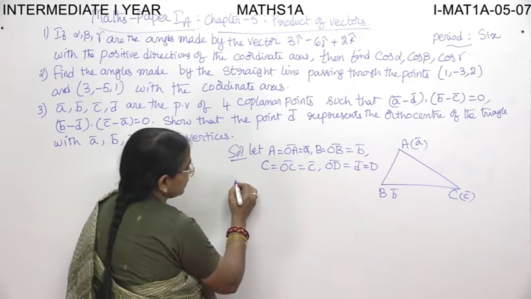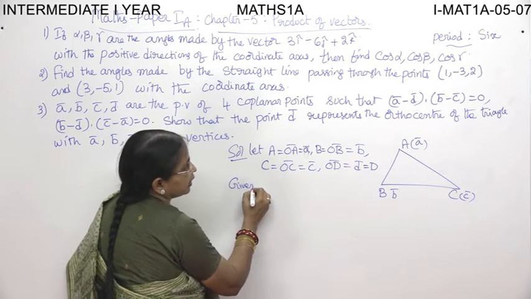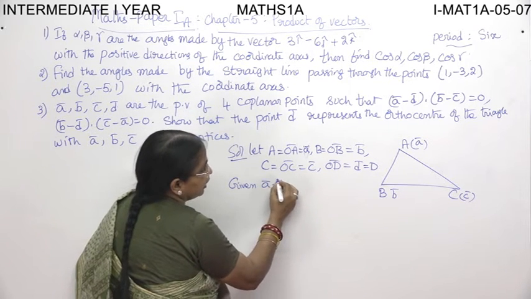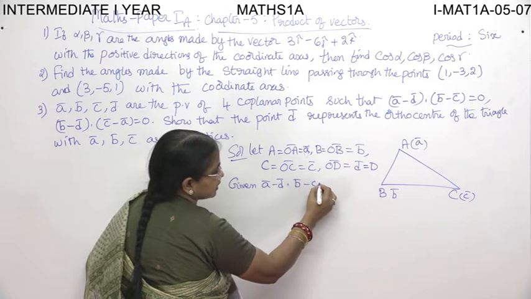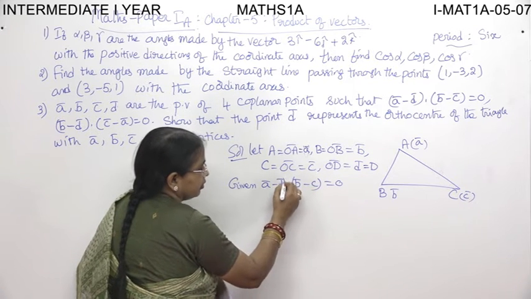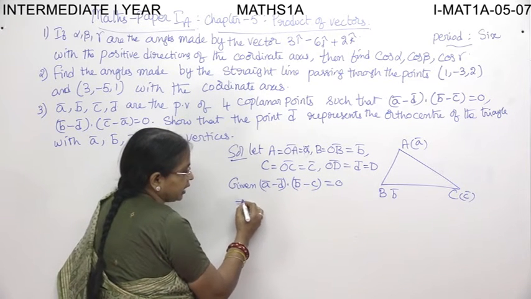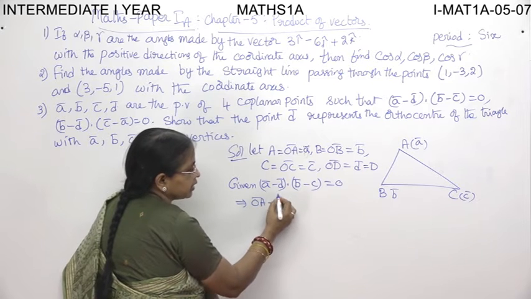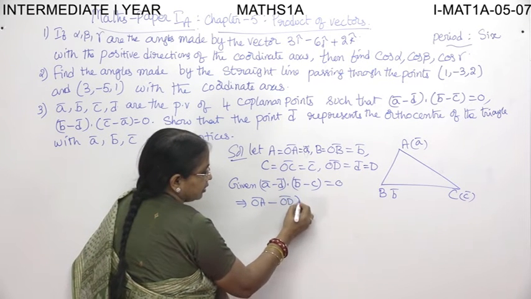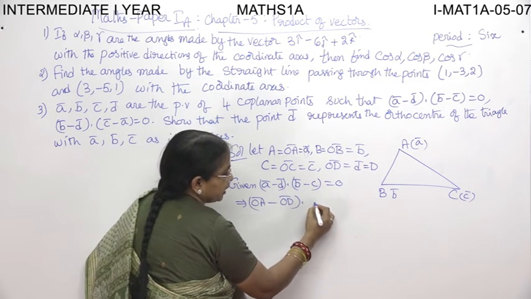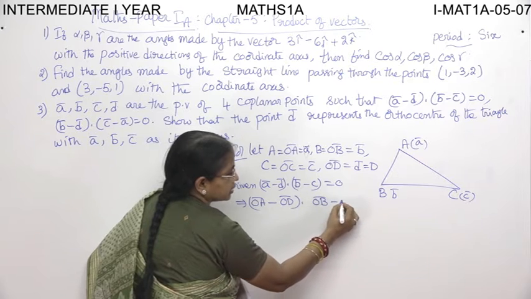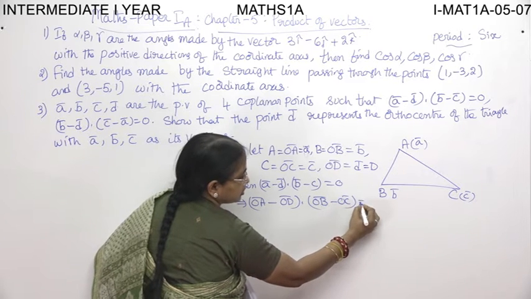Now, what is given to us? You are given that (A minus D) dot (B minus C) is equal to 0. So, A is OA, D is OD, B is OB, C is OC.